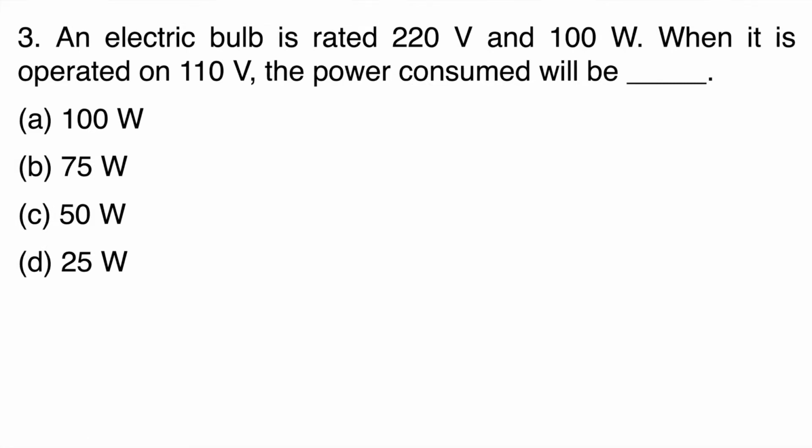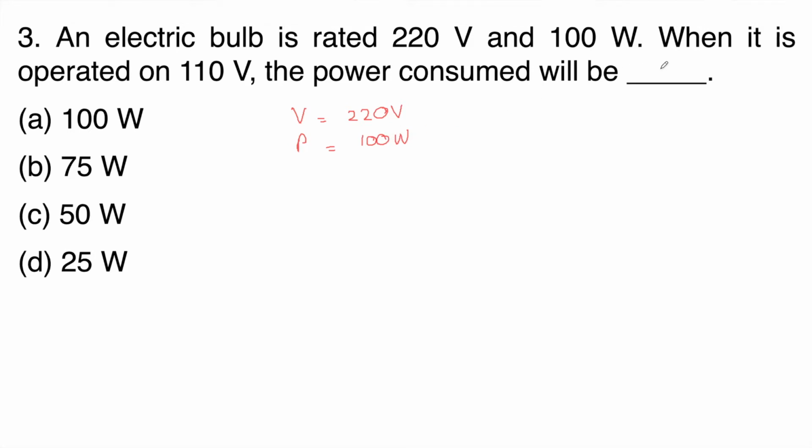Question number 3. An electric bulb is rated 220 volt and 100 watt. When it is operated on 110 volt, the power consumed will be. So the electric bulb's voltage is 220 volt and 100 watt means the power is 100 watt.